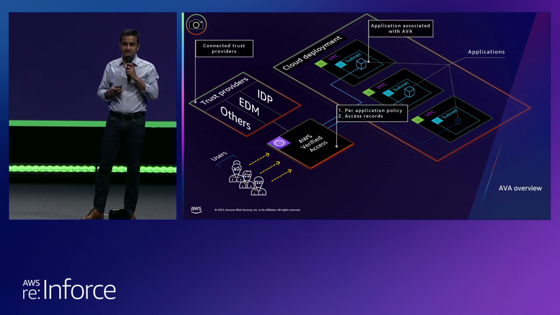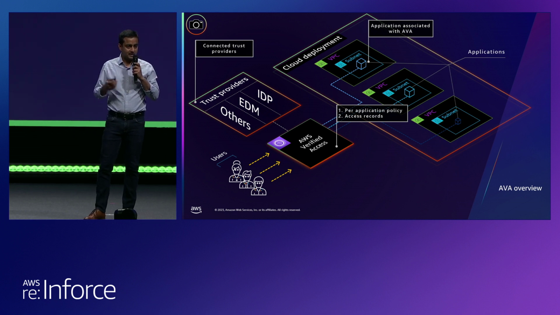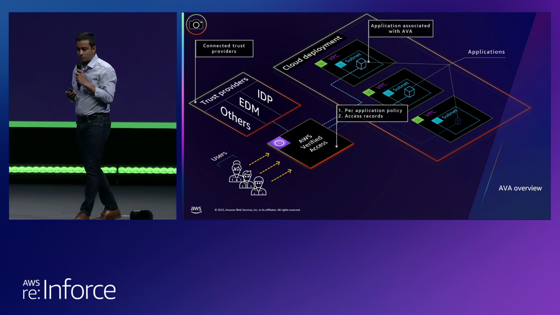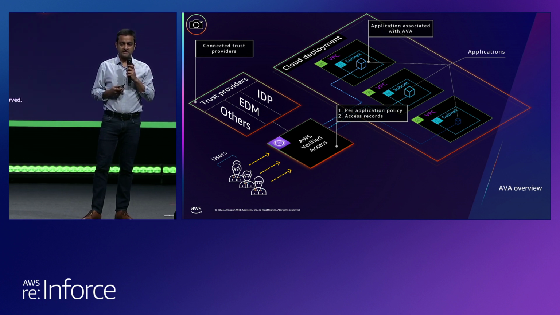Essentially, Verified Access is a reverse proxy. Whenever your user types their application domain name in their web browser, the request comes to this reverse proxy, and it integrates with your existing identity system and your device posture management system. It takes all those signals, and it allows you to write policies.